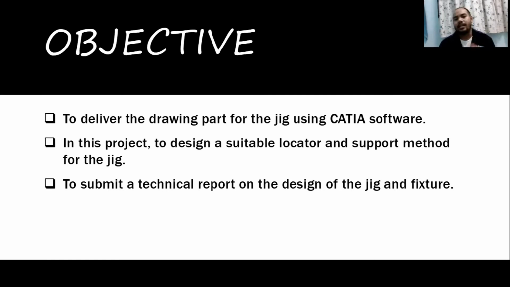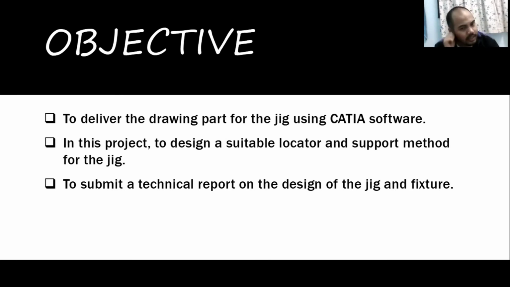The objective of this project is to deliver the drawing part for the jig using CATIA software. This CATIA software has been learned about 2 years ago, in Semester 2 in the lab at UTM. So we apply CATIA to make the jig design.